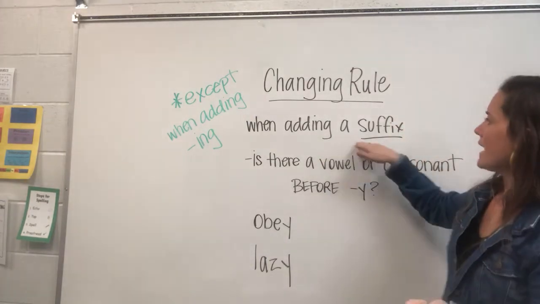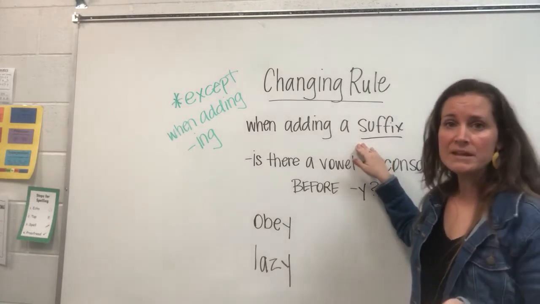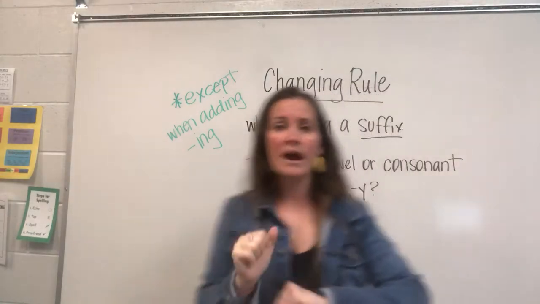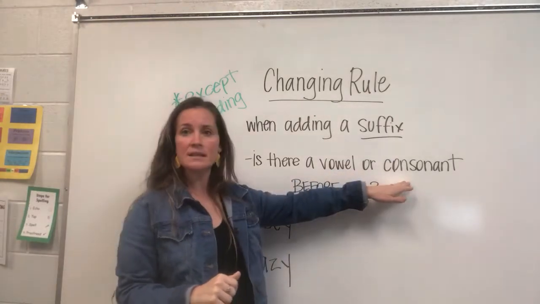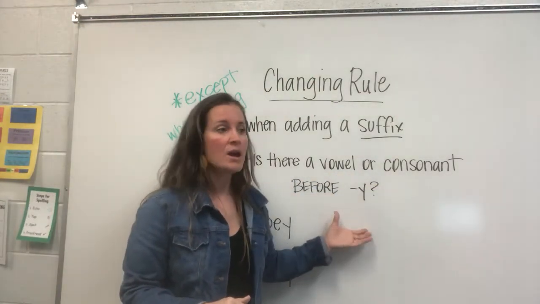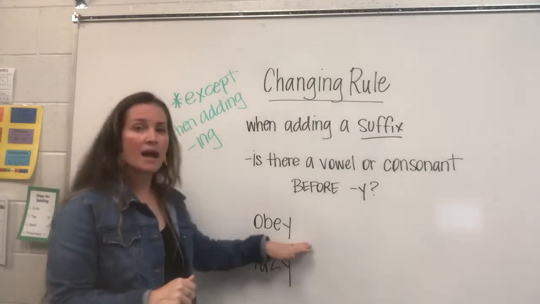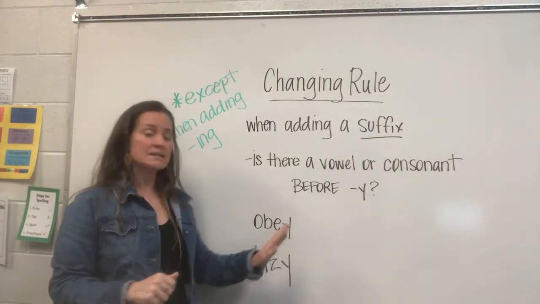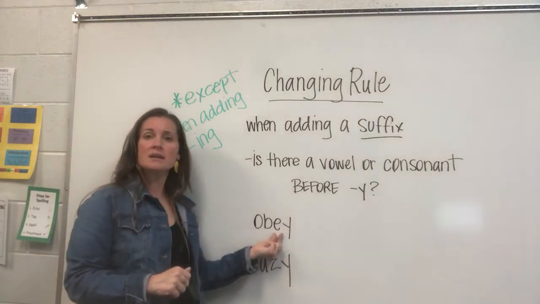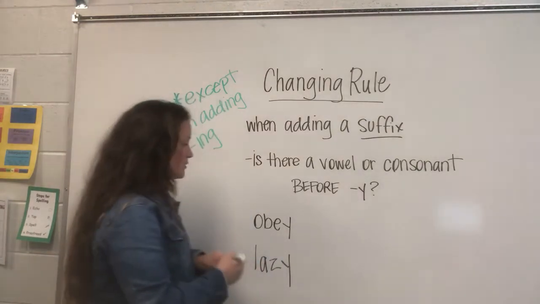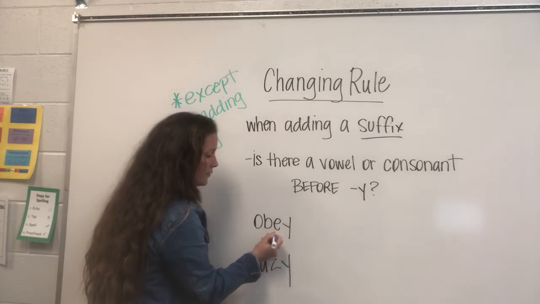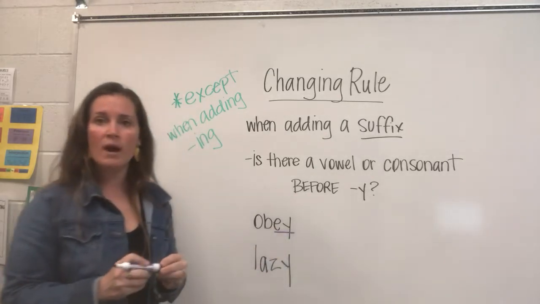When we're adding a suffix to a base word that ends with a Y, we need to ask ourselves, is there a vowel or consonant before the Y? So what we're looking at is the entire spelling of the word, and specifically this letter right before the Y. Our first word is obey, and if we look at this, we have an E-Y.